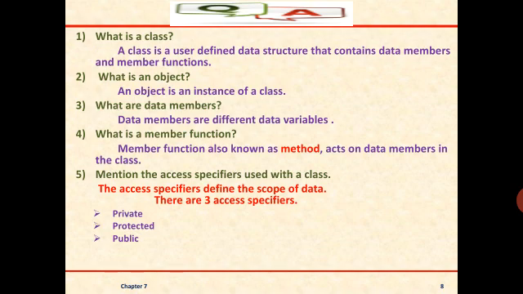It is going to act on the data members of the class. Then the final question is, mention the access specifiers used in a class. There are 3 access specifiers. These access specifiers define the scope of the data, and they are private, protected and public.